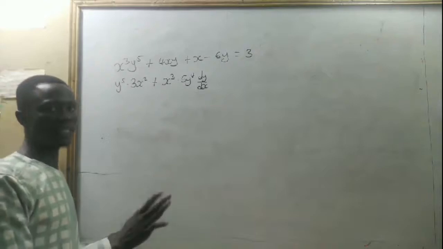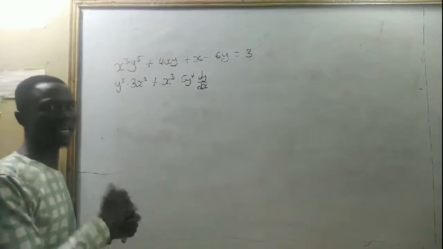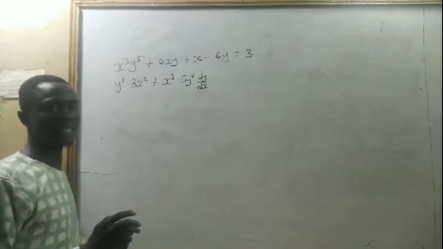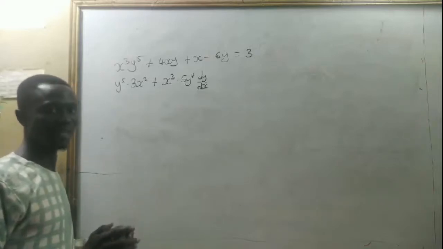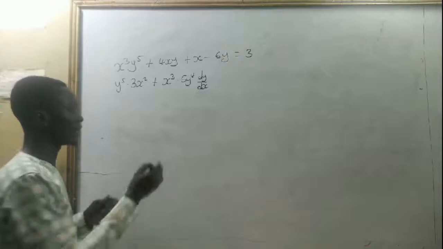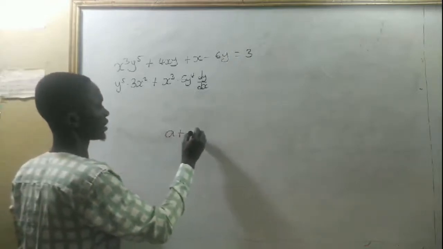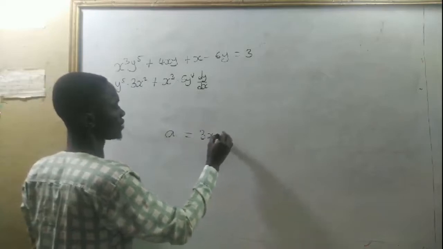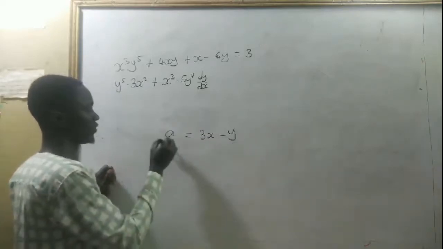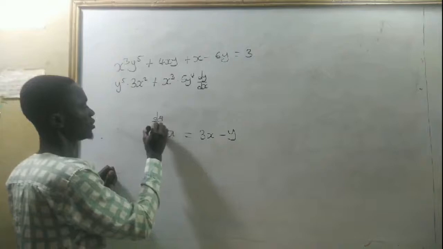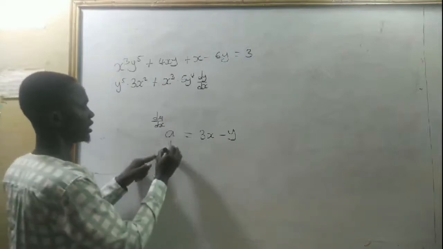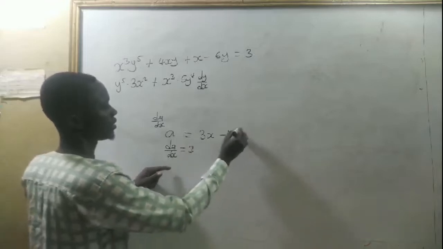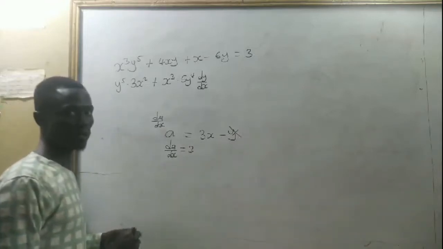If it is not implicit, y will become a constant and the derivative of y with respect to x, you may get it 0. Like if I write, let's say a plus y equal to 3x minus y, and I want to find da on dx, here the derivative of a with respect to x is equal to 3. Here this one will be 0 because it becomes a constant.